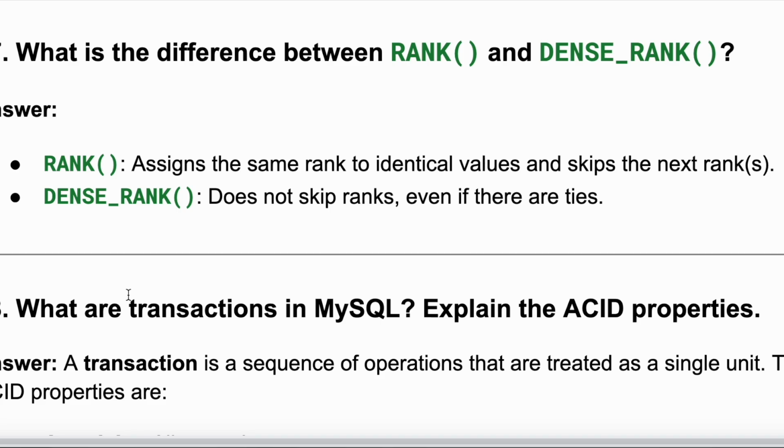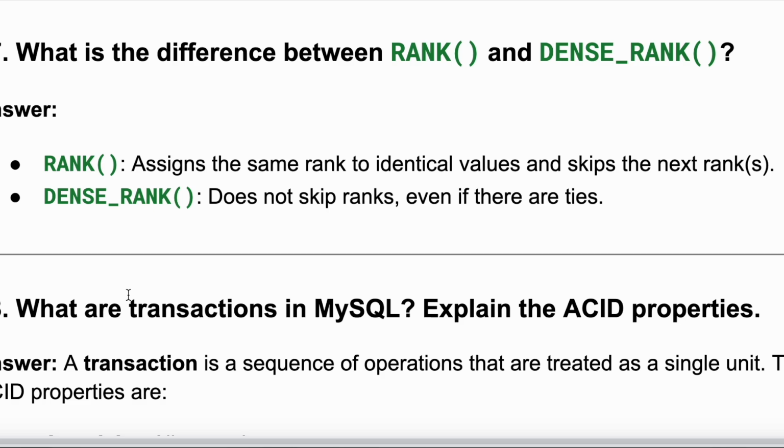Next, what is the difference between rank and dense rank? These are two window functions which are very important, and this is mostly asked. It may be that the interviewer is not asking directly about rank and dense rank, but he may ask with different queries where you will be using the rank and dense rank functions.